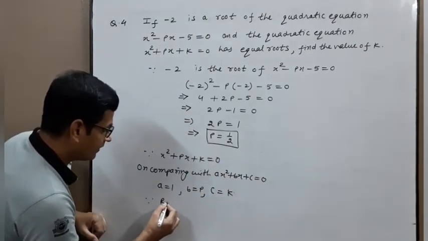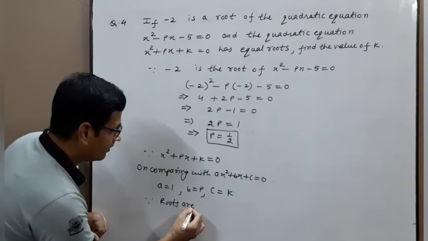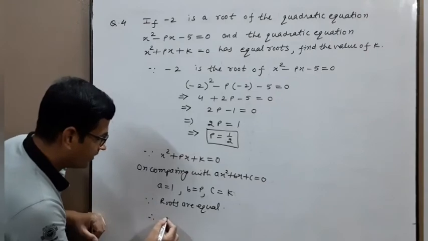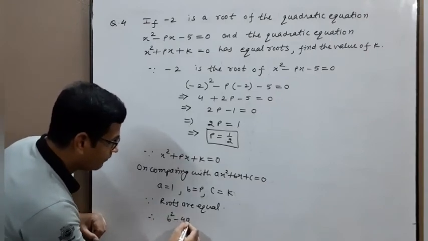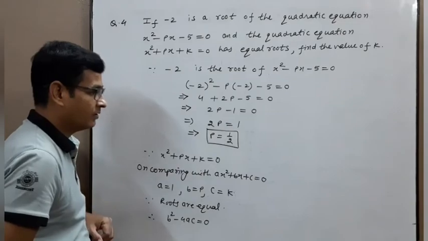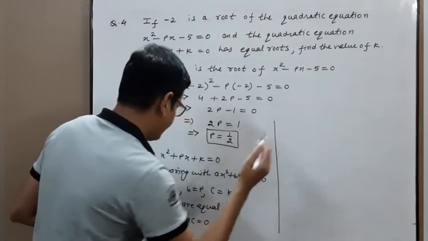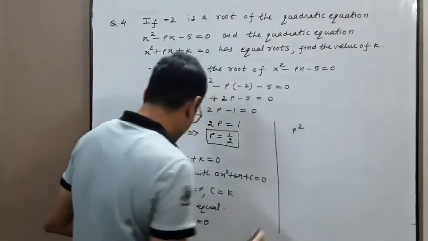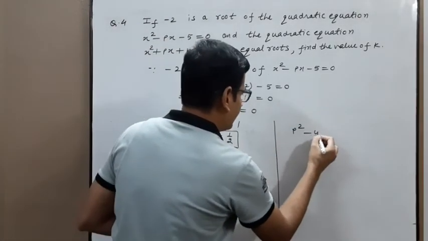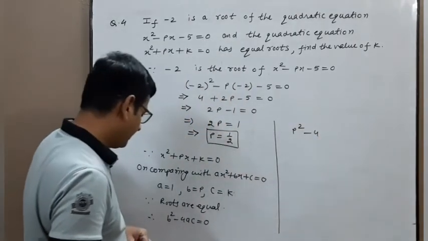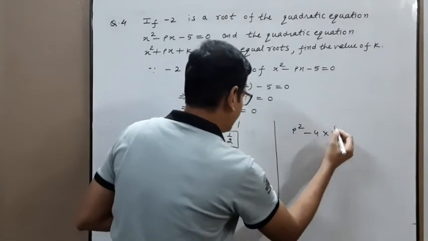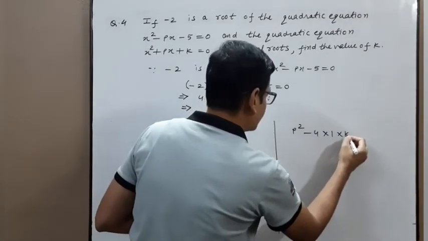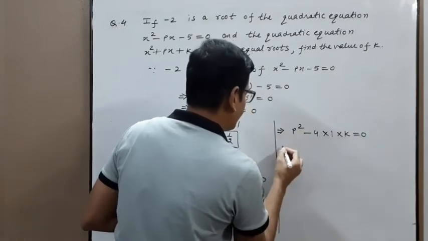Since roots are equal, therefore b square minus 4ac equal to 0. There is no space, so write that side. b square means p square minus 4ac, a means 1 and c means k, is equal to 0.